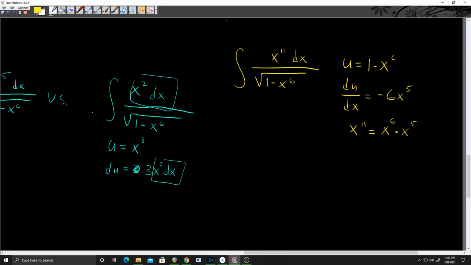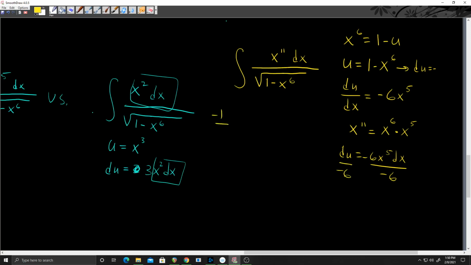All right, so here we are. x to the 11 is this, and u is this. So x to the 6 is going to be 1 minus u, just like before. And du dx is this, so I'm going to write below, du is going to be negative 6x to the 5th dx. And we can divide both sides by negative 6, just like before.